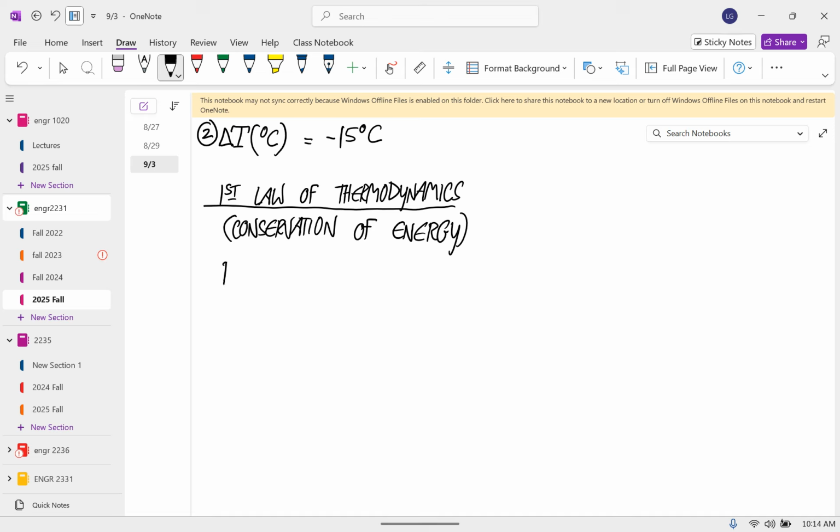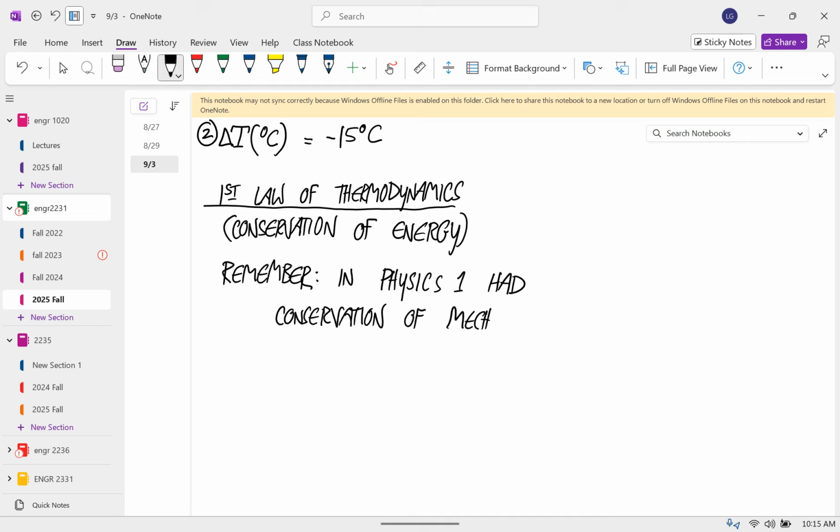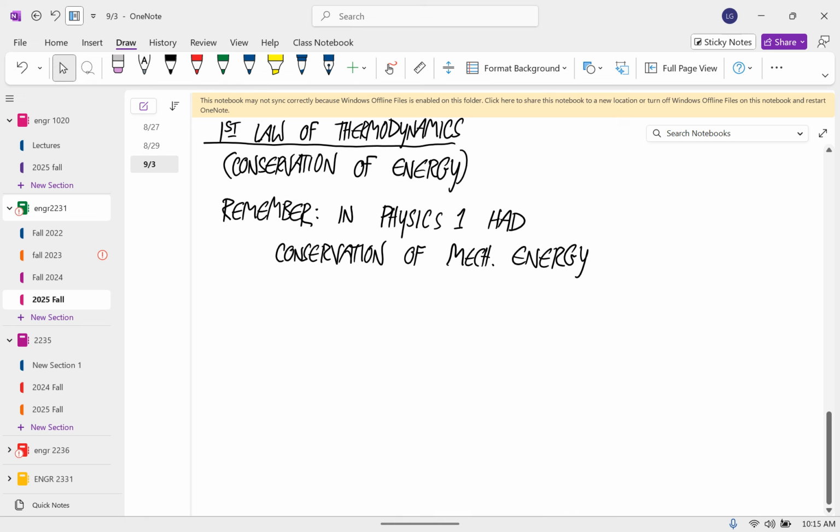And remember that in physics 1, we had the conservation of mechanical energy. And it said something like this.